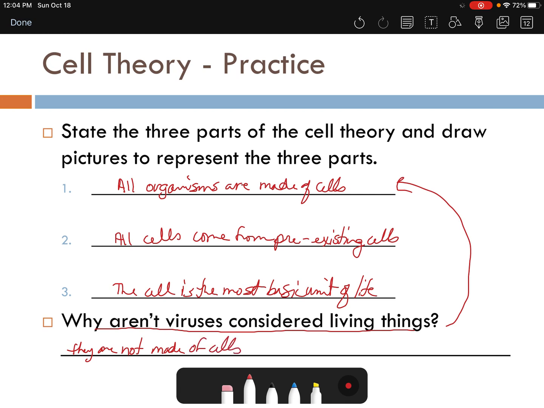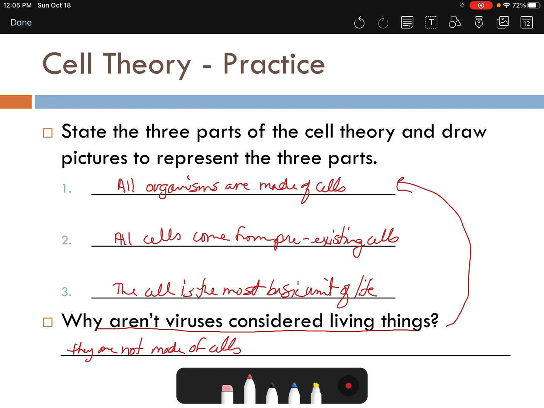And that's what makes them, we think of them as acellular, meaning they aren't made of cells. We sometimes think of them as an acellular parasite because they actually have to get into a host cell, such as your cells, like this COVID virus. It has to get into your cells before it can actually replicate and make more of itself.